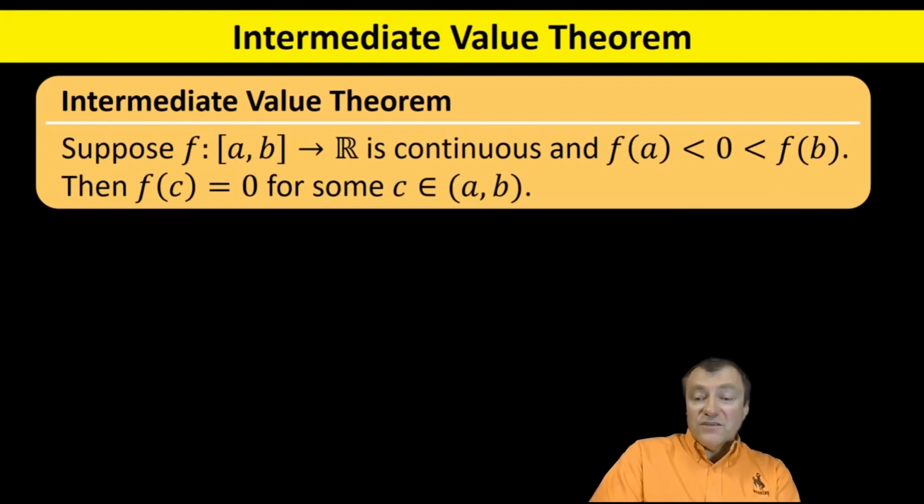We show that if a continuous function from the closed interval [a, b] to the reals is negative at one endpoint and positive at the other endpoint, then at some interior point between a and b, f must attain the value 0. We never proved this in a calculus course.